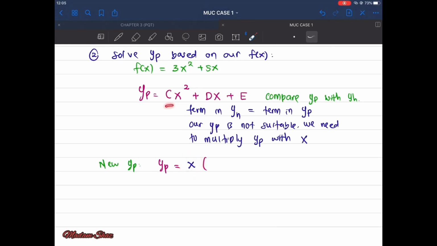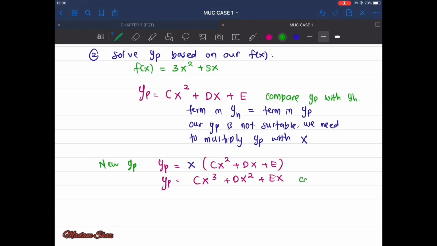So x multiplied by Cx square plus Dx plus E. This means the new yp will become Cx to the power 3, because x multiplied with x square. x multiplied with Dx will become Dx to the power of 2. x multiplied with E will become Ex.